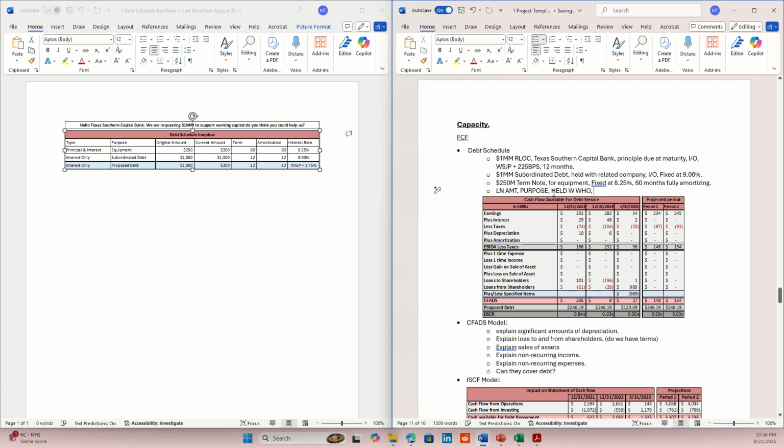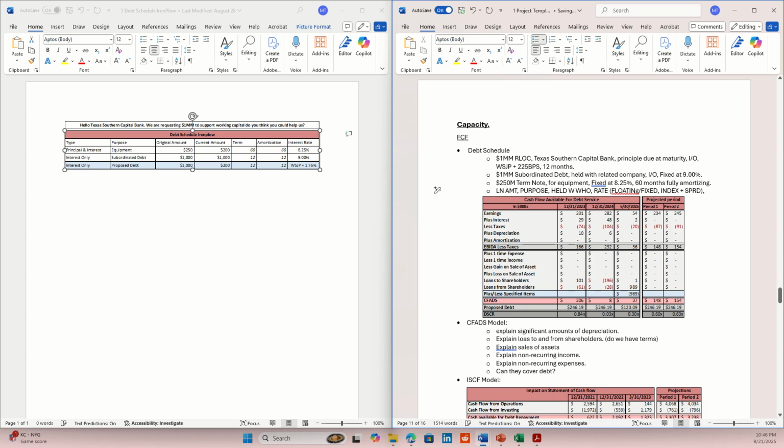Then the rate, and by that I mean: is it floating or is it fixed? Then I want to know the index, if it's floating. If it's floating, I want to know the index plus the spread.